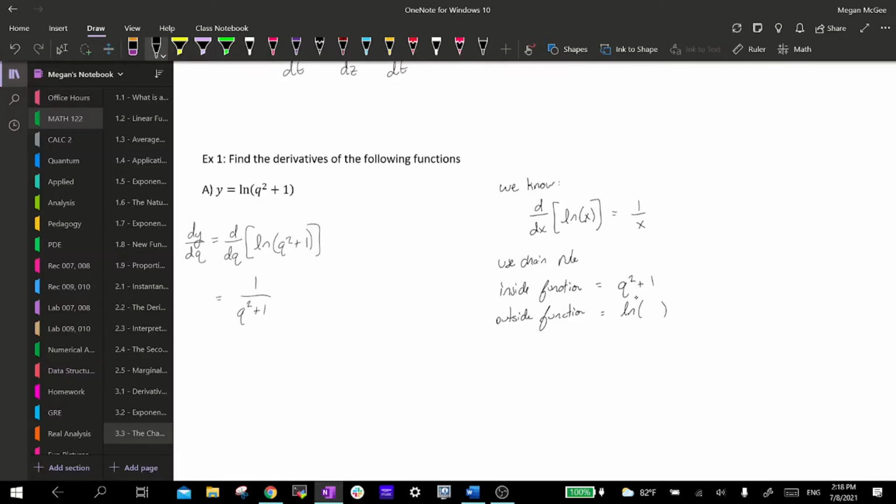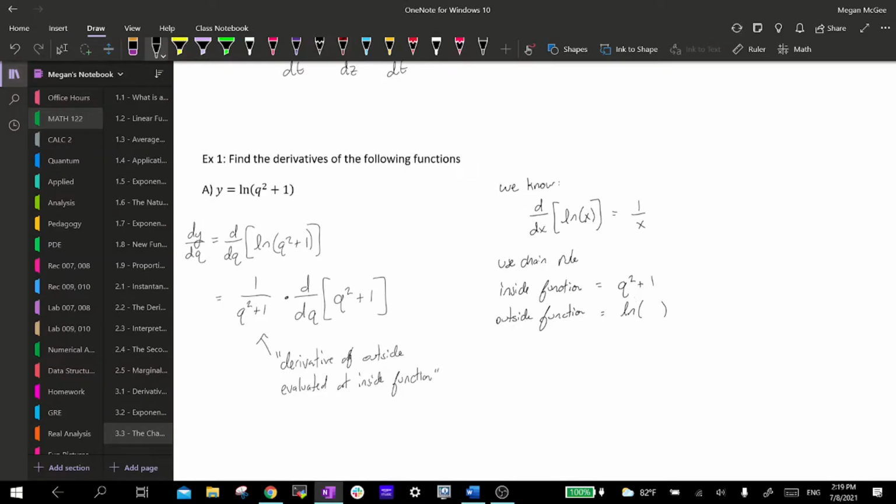Okay, but we're not done yet. We need to multiply this by the derivative of the inside. So in order to avoid doing too many things at one time, I'm going to go ahead and write it like this. Alright, so this is our derivative of outside, okay, and I'll say evaluated at inside function.